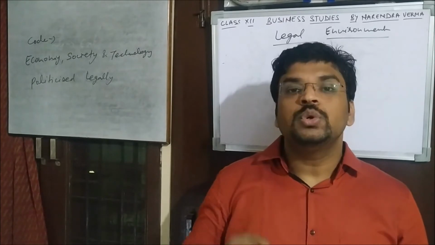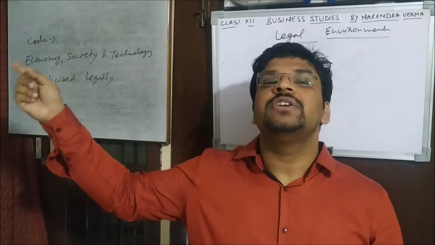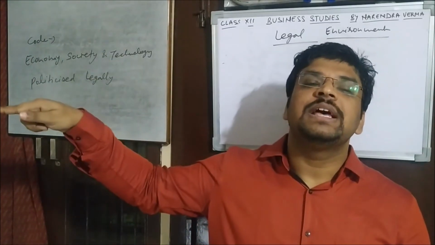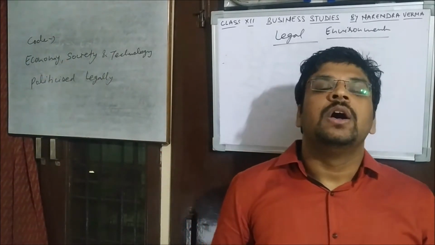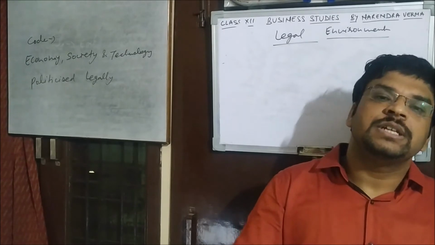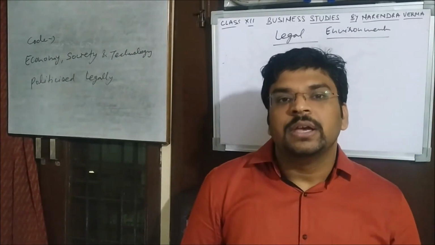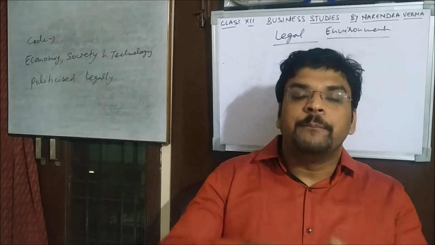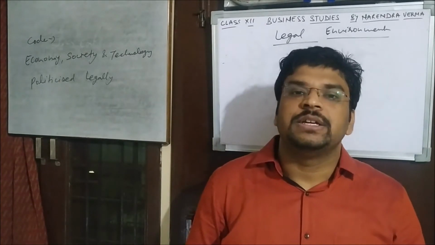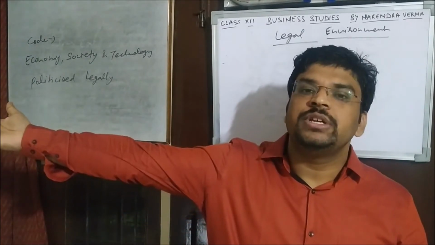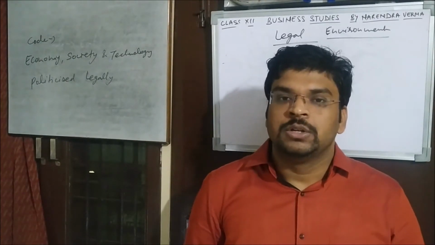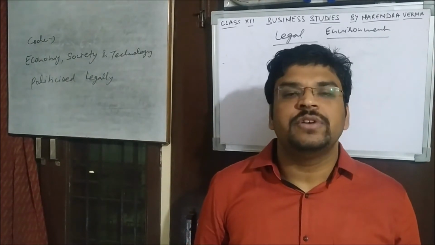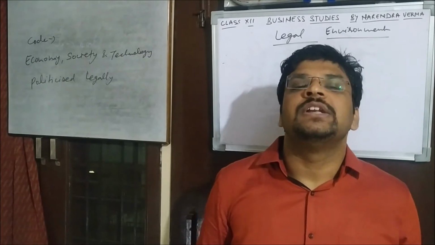The laws of those countries will be applicable to that organization there itself, and the laws of India will be applicable to the organization here itself. So there will be a complete legal environment for the organization in those countries, and in India a separate legal environment. As many countries as it is dealing with, there is a separate legal environment for each.